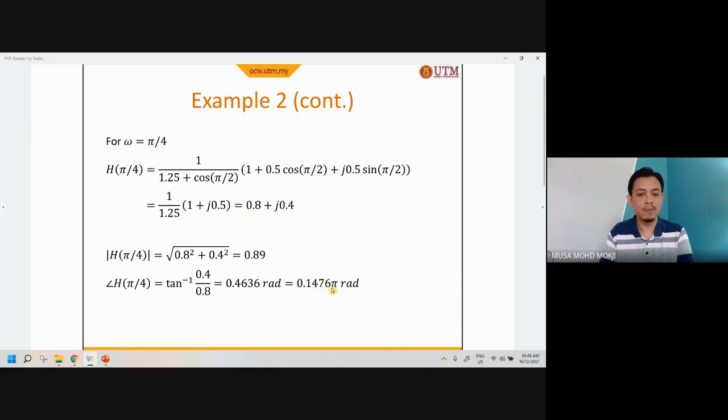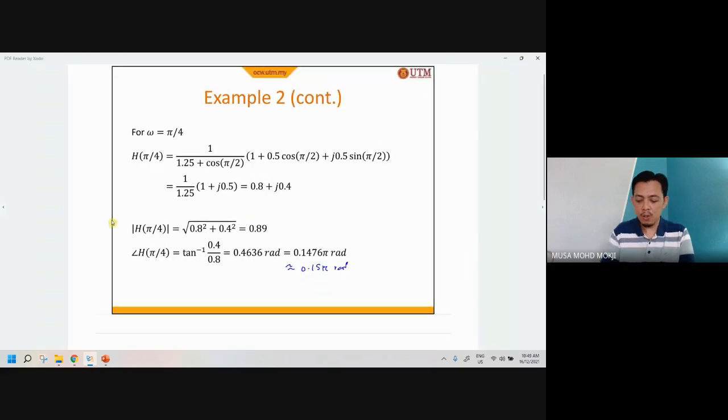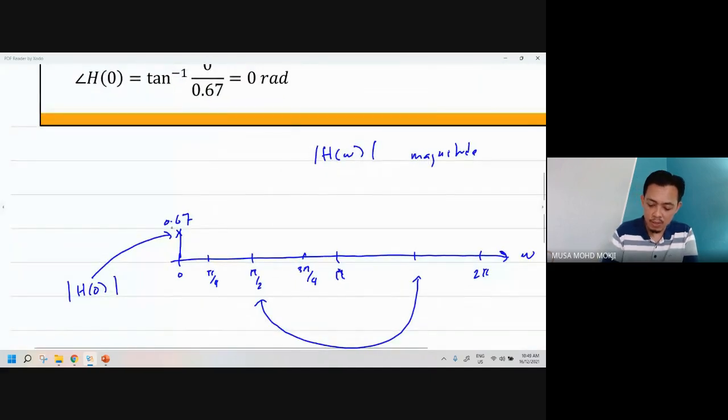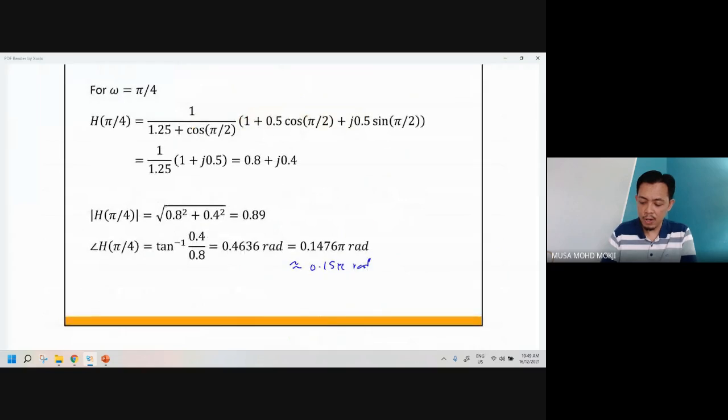So you will get 0.1476 pi, or 0.4636. And this is in terms of pi. Of course you need to divide by pi to get this one. 0.15, so almost 0.15 pi. Okay, one is a 0.89 and the other one is a 0.15 pi.